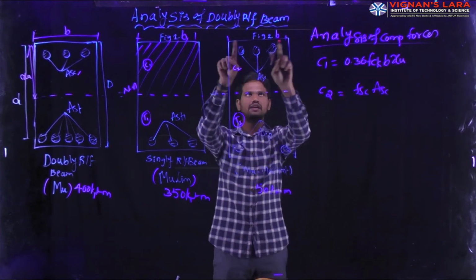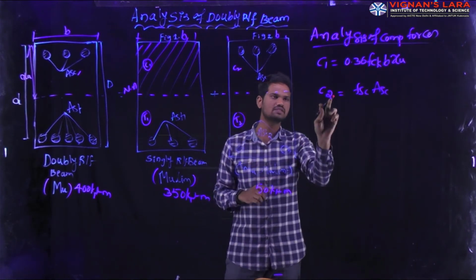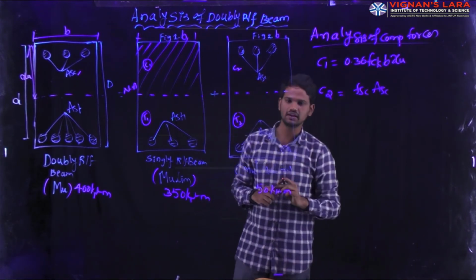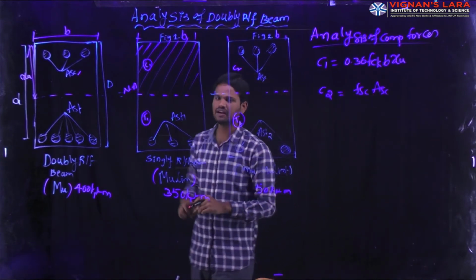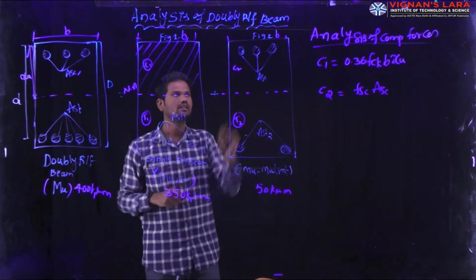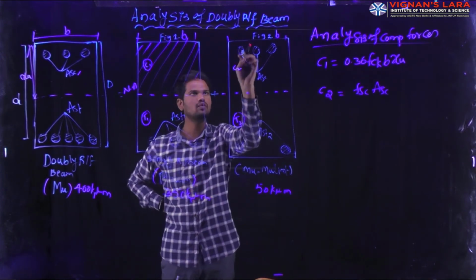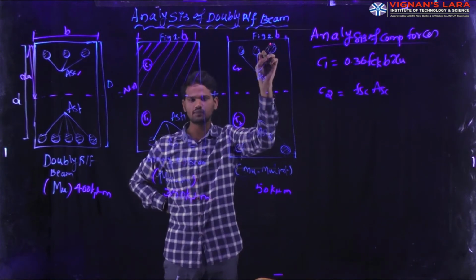As well, in this portion, to carry the additional moment, the compressive force acting on the beam, C2, equals FSC into ASC, where this FSC is nothing but the stress in steel in the compression zone. That means here we have provided reinforcement bars in the top zone also.